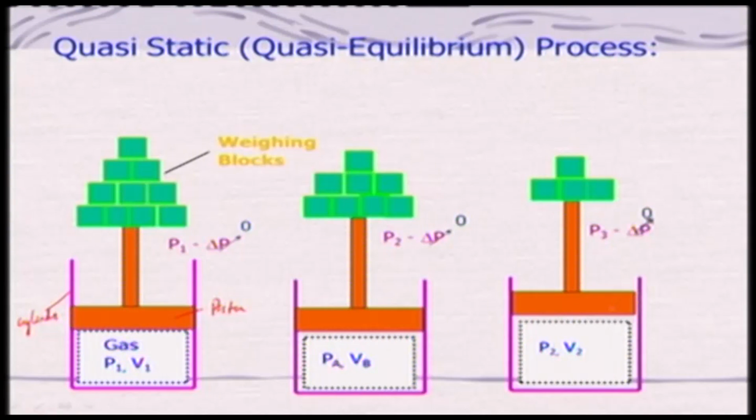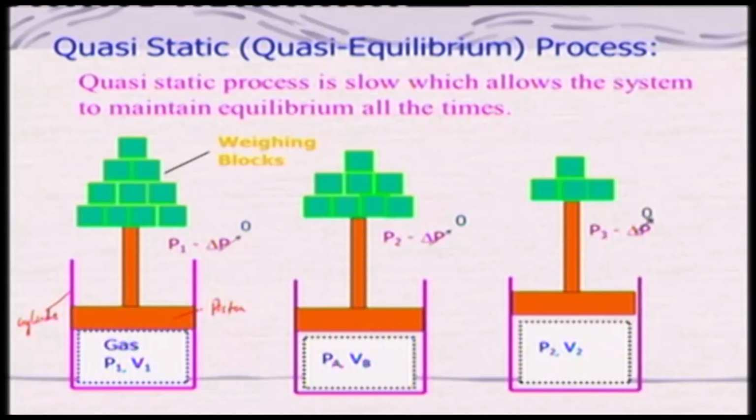You might have gone through several states which I have not shown here and it has reached the V2 position as the volume is increasing. So, this is happening in a very small gradient, a small differential. As a result, the process is taking place in a slower manner, which allows the system to maintain equilibrium all the time, right.